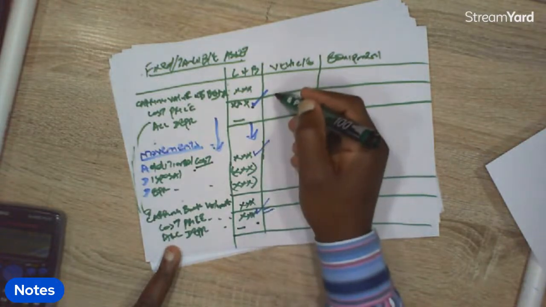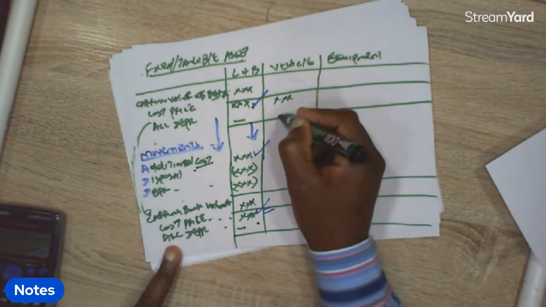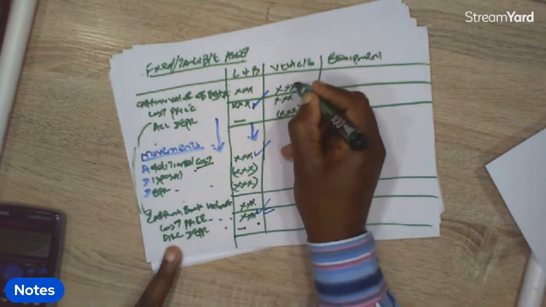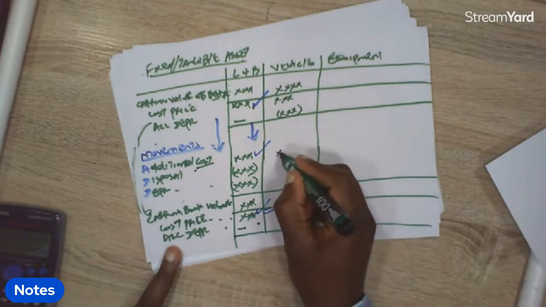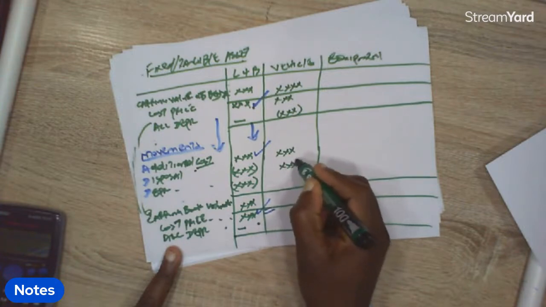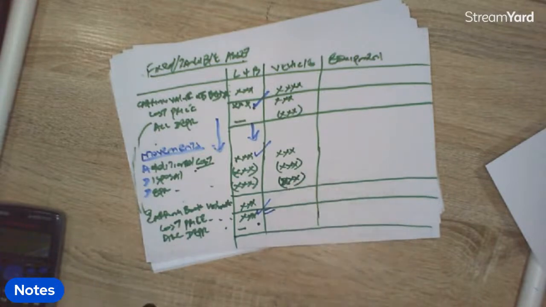Same thing now with the vehicle. On the vehicle, you'll have a cost price there, minus accumulated depreciation is equal to the carrying book value at the beginning. Maybe you have the figure of the cost, you have a disposal, you have the depreciation. The figure for depreciation, if it's there, must be put in brackets.